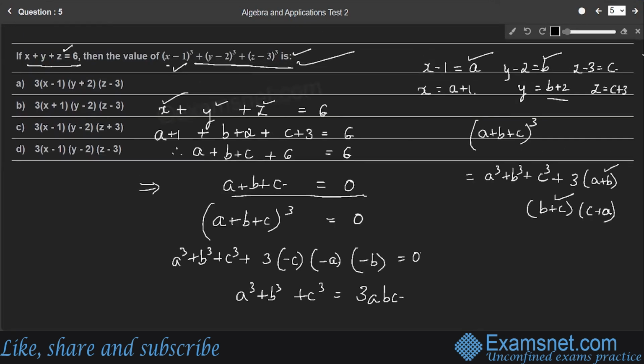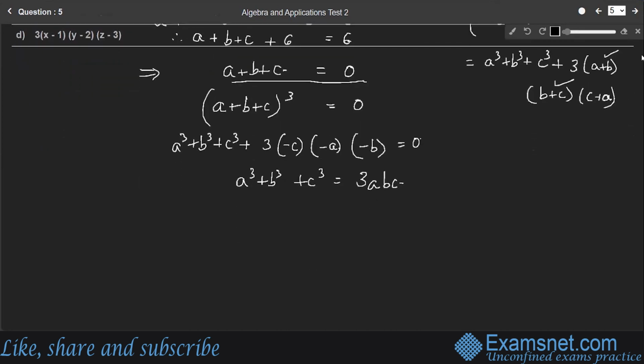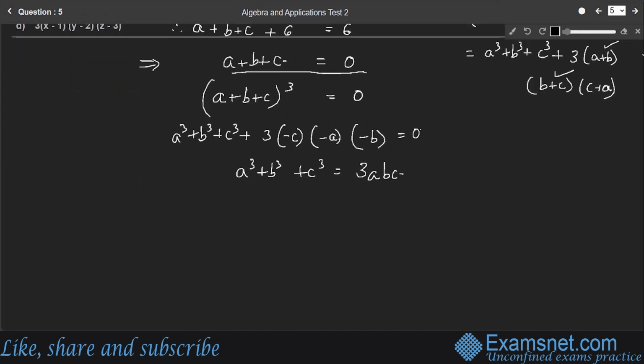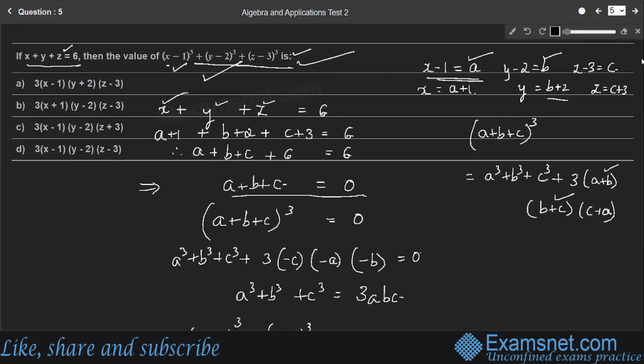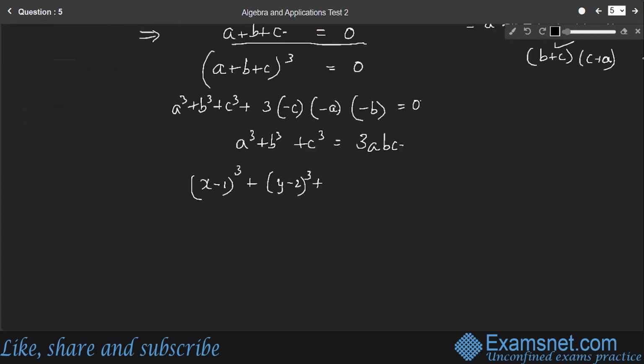So here, come back to the expression x minus 1 whole cube. Since x minus 1 is a, so x minus 1 whole cube becomes a cube, right? So in place of a cube, we'll write x minus 1 whole cube. In place of b cube, we'll write y minus 2 the whole cube. In place of c cube, we'll write z minus 3 the whole cube, is equal to 3 times a into b into c.